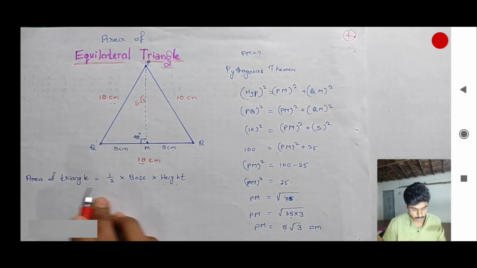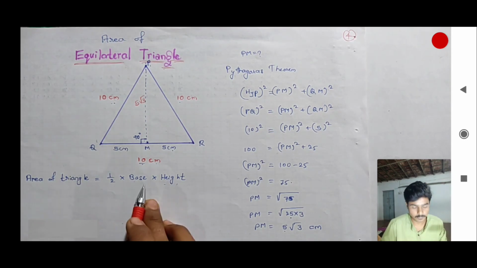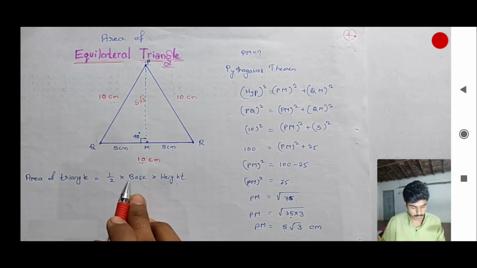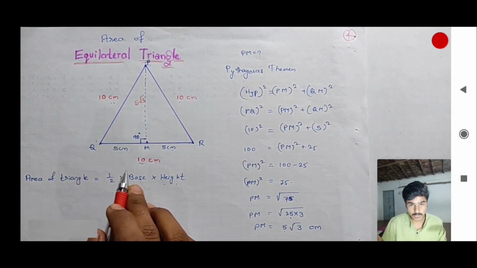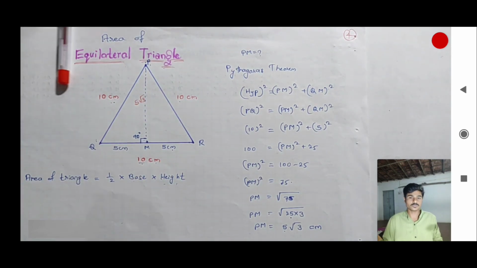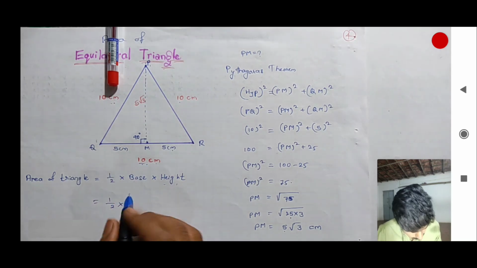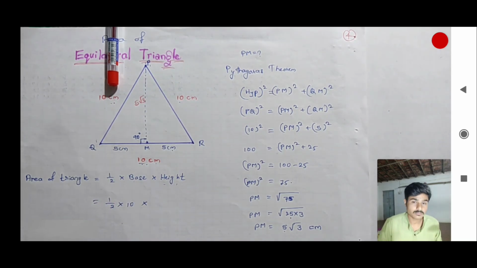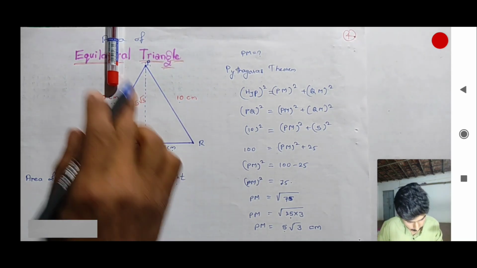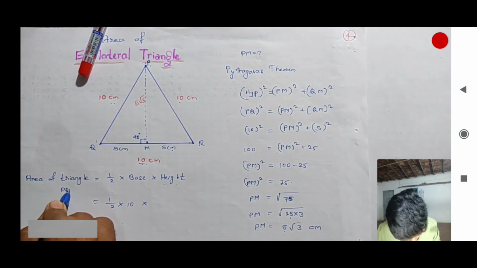Now we have all the values here, means area of a triangle will be equal to half into base into height. Now we have the value of base also and height also. So now let us substitute these values in this formula. Okay, half into base is 10 centimeter. Why is it 10 centimeter? Because we are finding the area of triangle PQR.